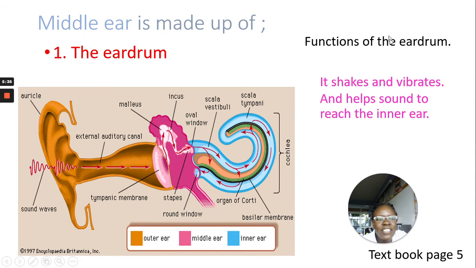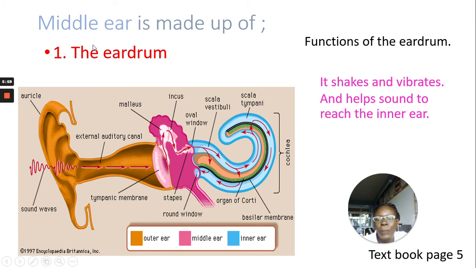Okay, so what is the function of the eardrum? Now, it shakes and vibrates, and then it helps the sound to reach the inner ear. So when it detects the sound, then it vibrates, and then it sends the sound to the inner ear, where we find the cochlea.